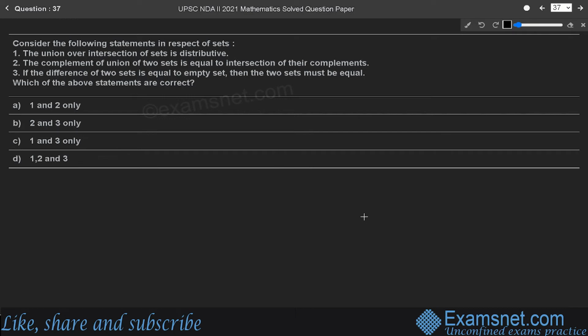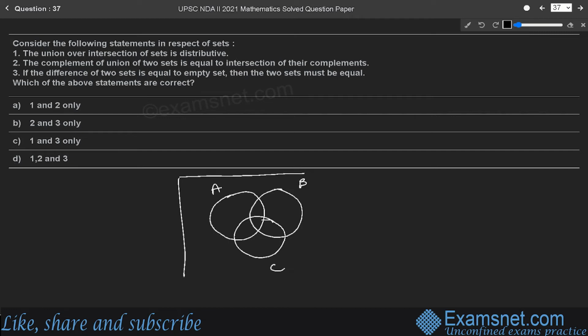There are 3 sets. So let this be the 3 sets. It is A, it is B and it is C. So this is the Venn diagram for the given situations, and this is U, means universal set.